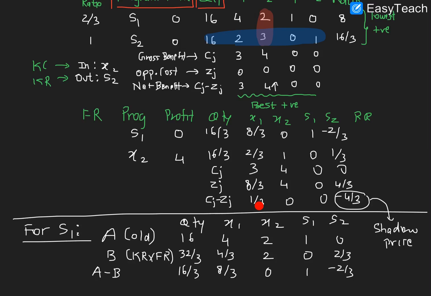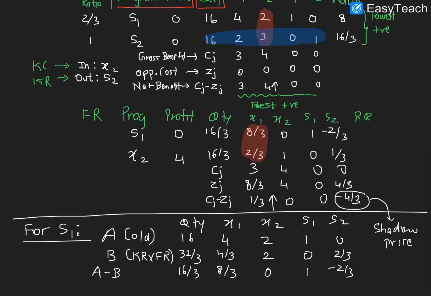So obviously 1 by 3 is a good number. It's a positive or the best positive number, and that helps me decide that this is something which I need to produce. So x1 needs to be produced, and when I say x1 needs to be produced, this particular column needs to be marked as key column.